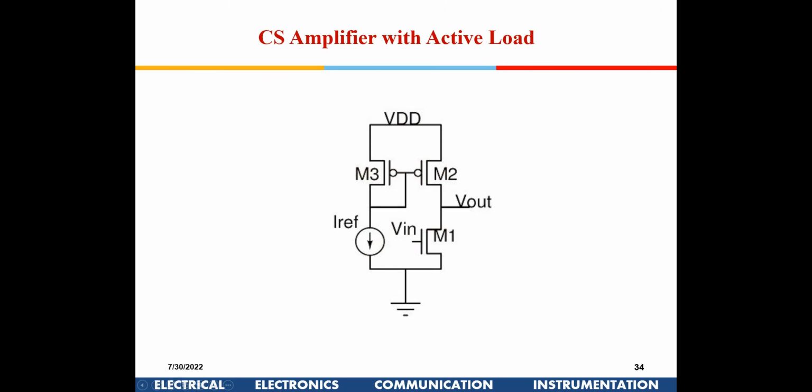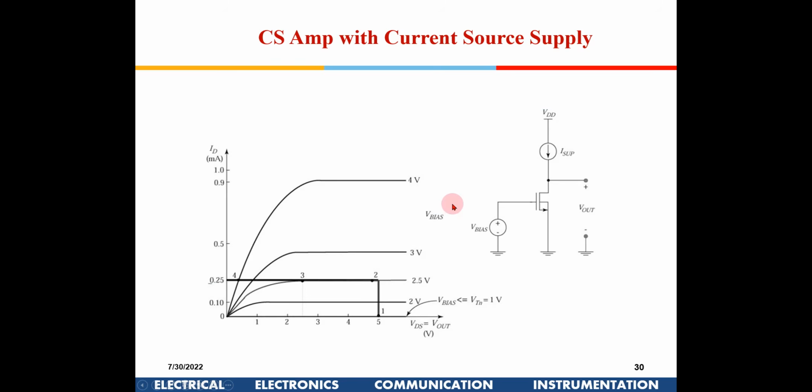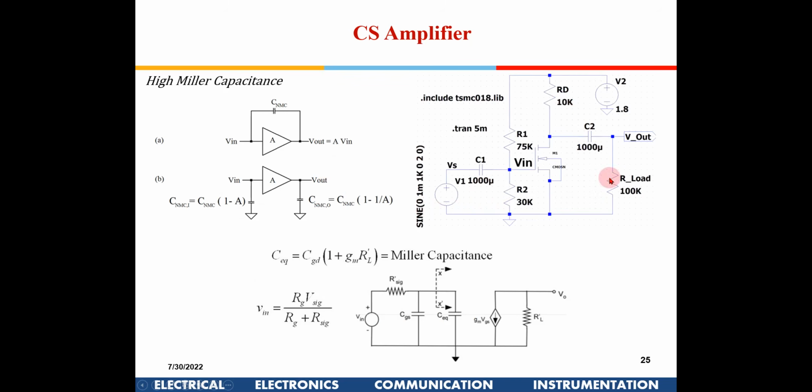So this active load is used just for the stability purpose, or is there any other purpose for using this active load like this current mirror circuit? Yeah, there are other advantages also. Firstly, RD imposes a lot of constraints. To set the current, you have to have a higher RD there.